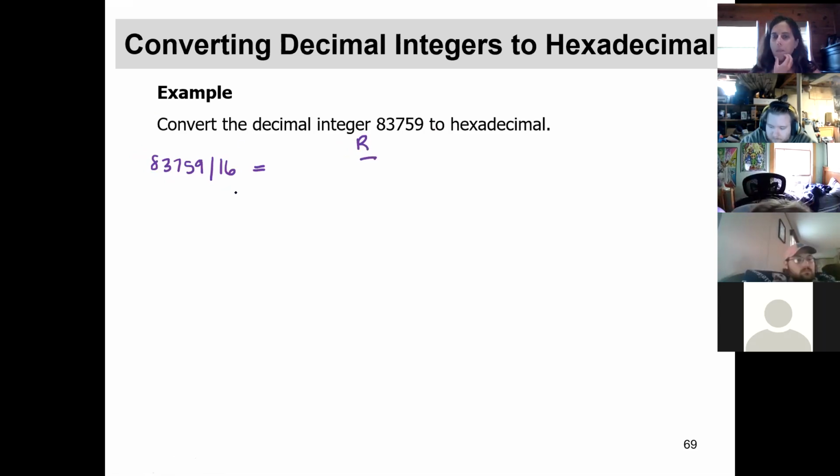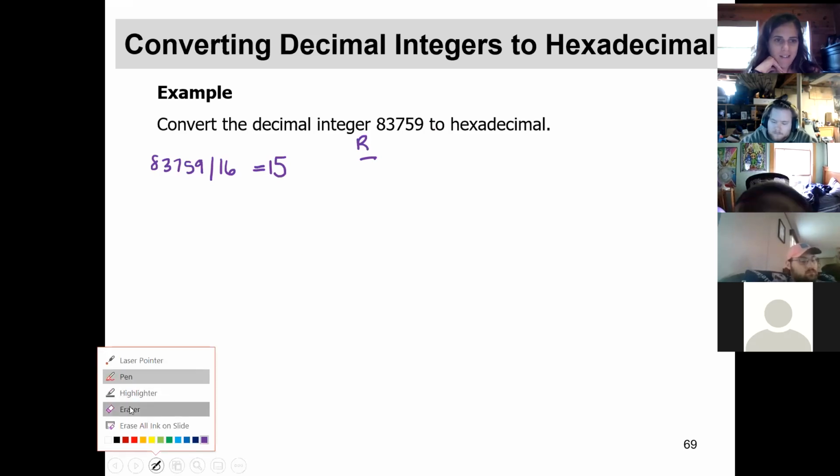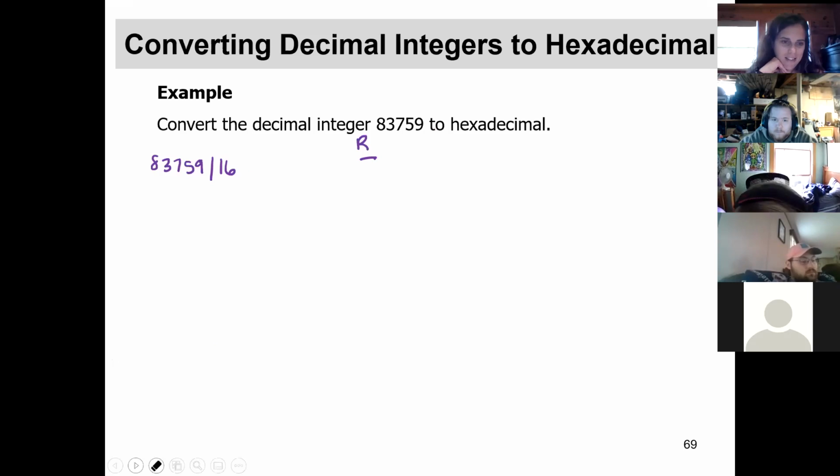Not going to lie. 16 goes in 83,759 5,234 times, right? With a remainder of 15. How do you find that remainder? Take this number times 16, subtract that from this here.